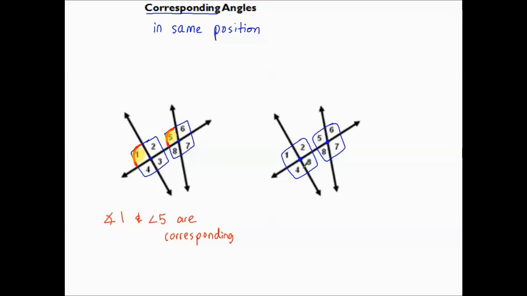So looking in this other intersection, here maybe I could pick an angle at the top of the intersection, like angle 2. At the top of this intersection would be angle 6. Therefore, I could say angle 2 and angle 6 are corresponding angles. That's all that means. They are angles in the same positions, such as angle 2 and angle 6.